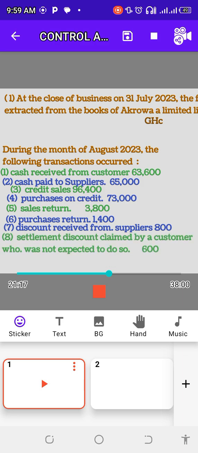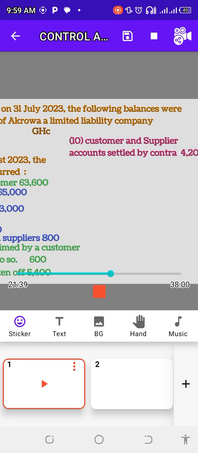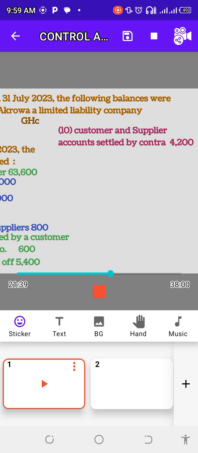A settlement discount claimed by a customer who was not expected to do so is 600. Then irrecoverable debt written off is 5,400. Then number 10, a customer and supplier account settled by contra is 4,200.